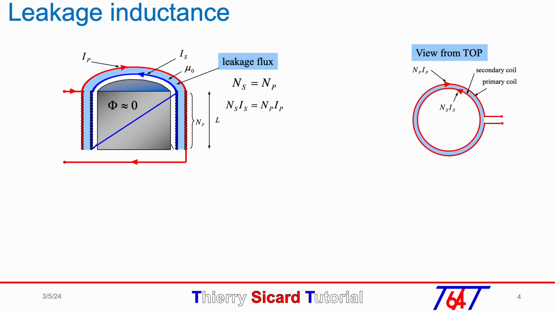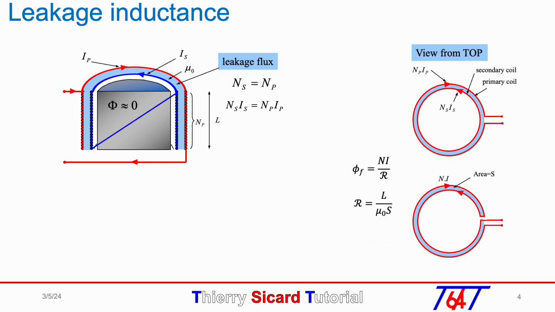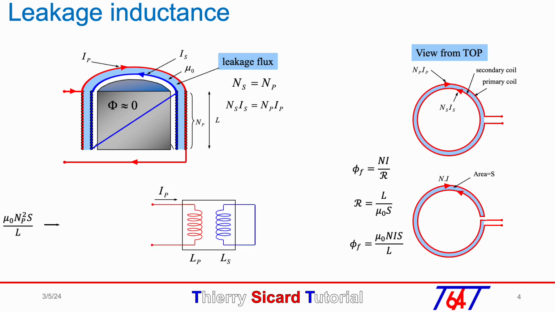In the case of Np equals Ns, we will get the same flux if we do a single winding as shown below with the same area S. Leakage magnetic flux φF equals Ni over R. R equals L over μ0 S. So leakage flux equals μ0 NIS over L. The leakage inductance LF from the primary side is μ0 Np squared S divided by L.